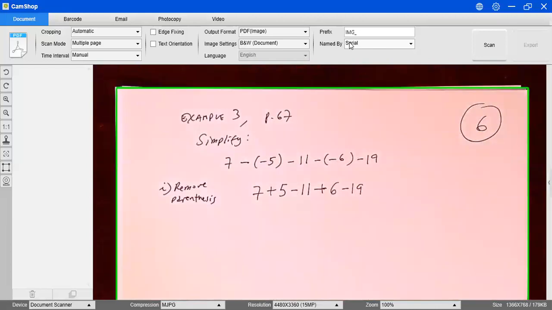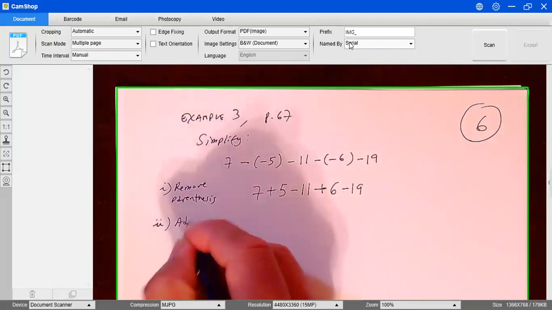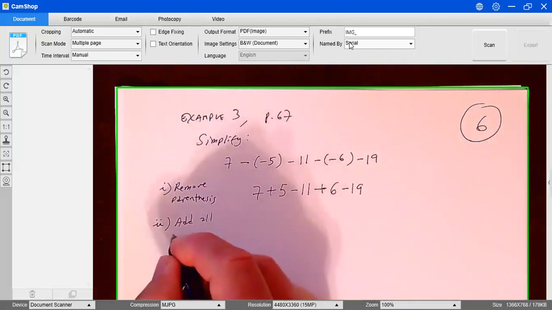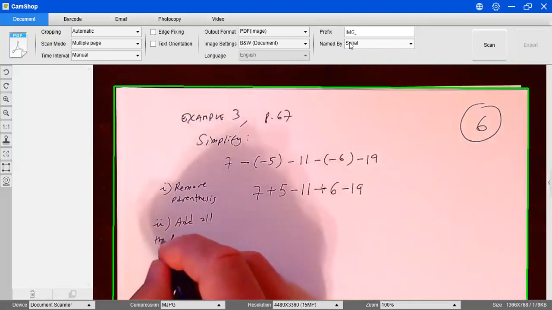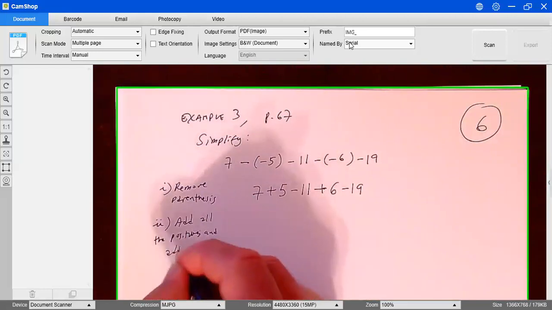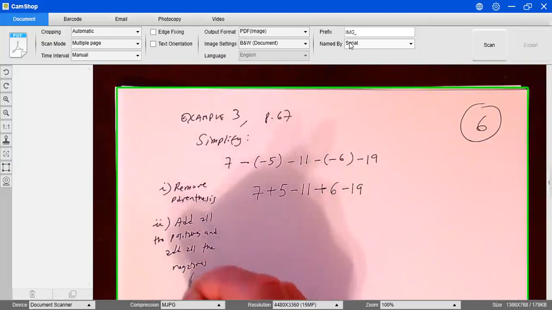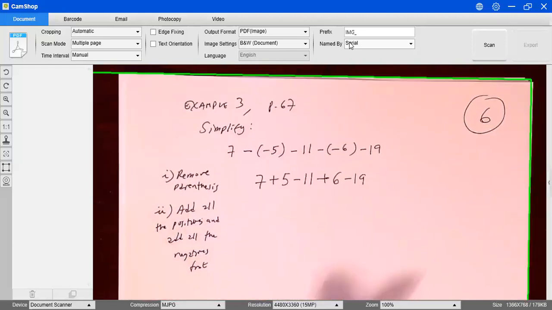Now we're going to add all the positives and add all the negatives first. This is like grouping. We're going to group these numbers.